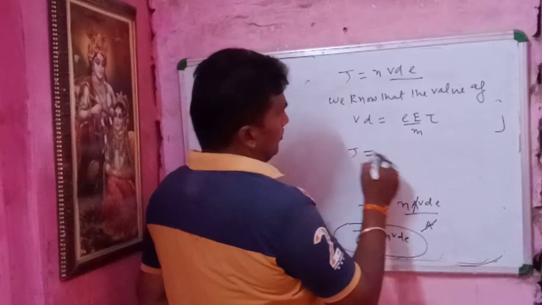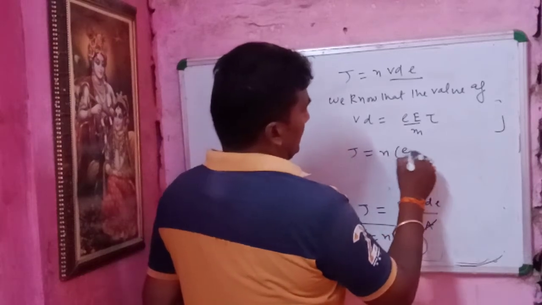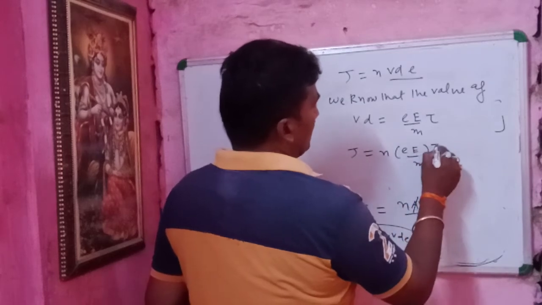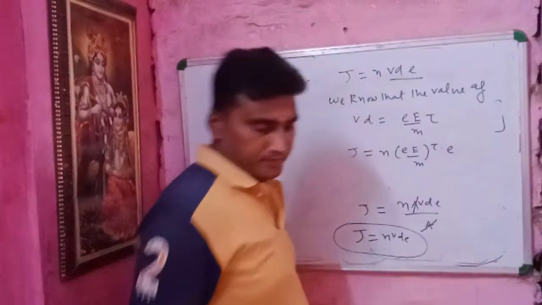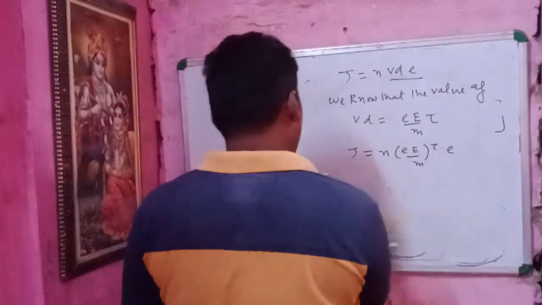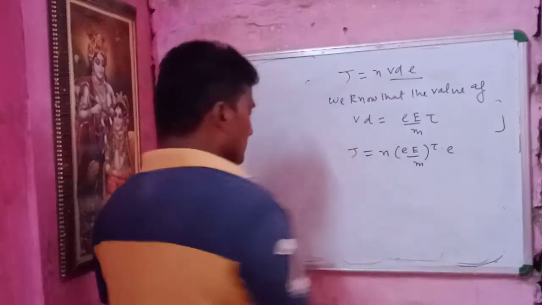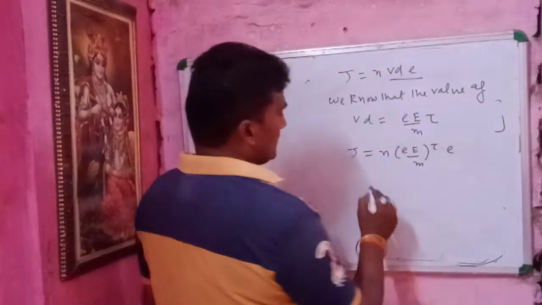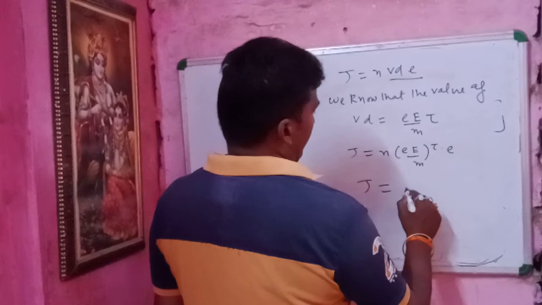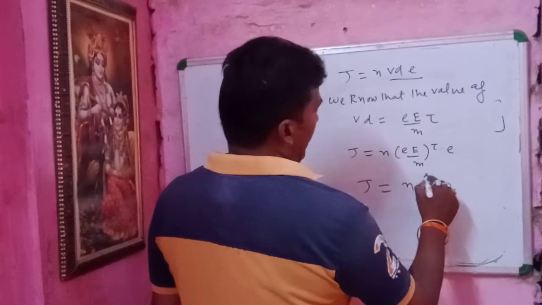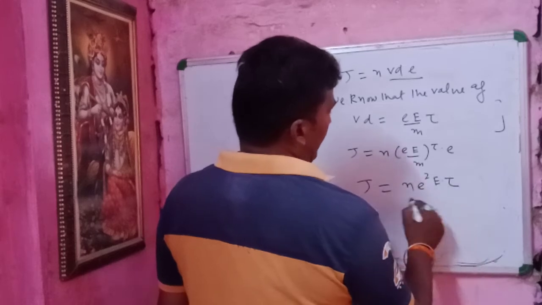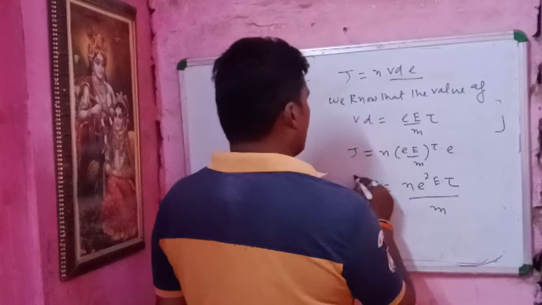J is equal to n e into eE by m into tau. Then the relation is stabilized: J is equal to n e square E tau upon m.